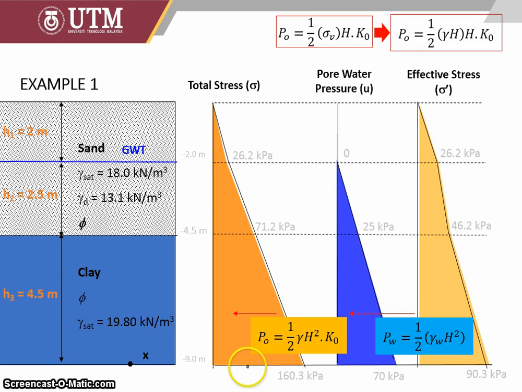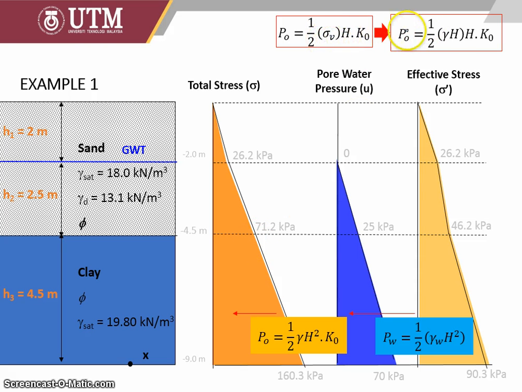For Rankine, they assume that the total pressure of any soil acts at one third of the total height from the base, from the toe of the soil layer.